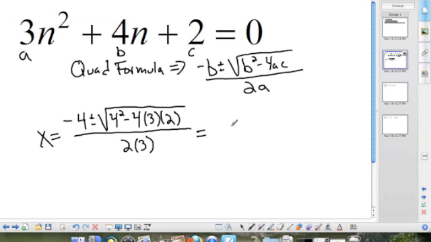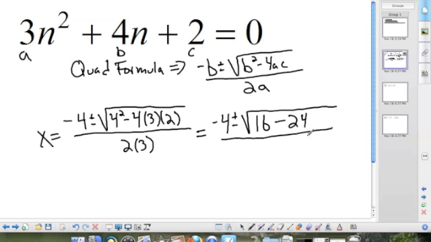So this is now going to be negative 4 plus or minus the square root of 16 minus 4 times 3 is 12, 12 times 2 is 24, all over 6.